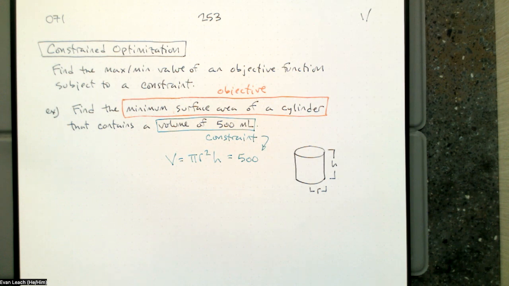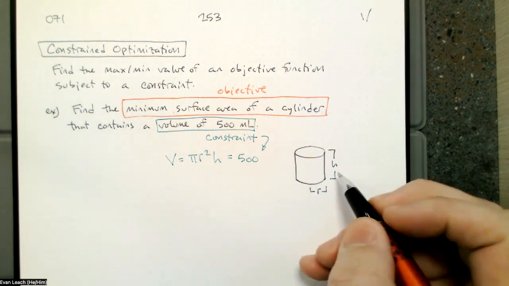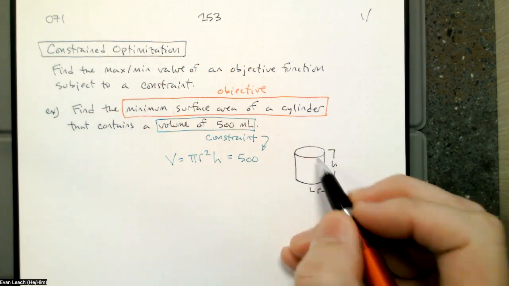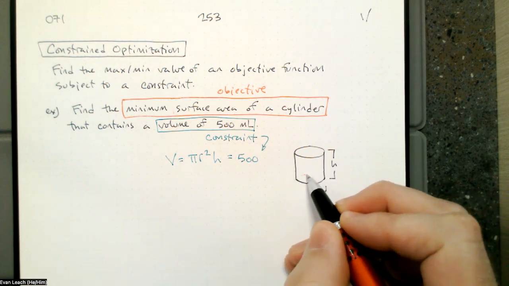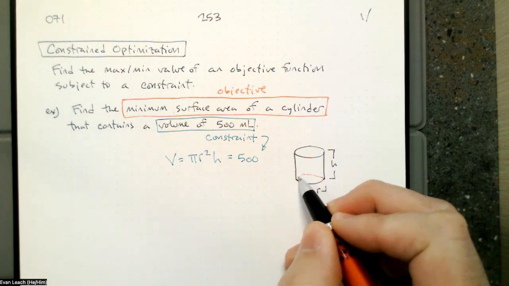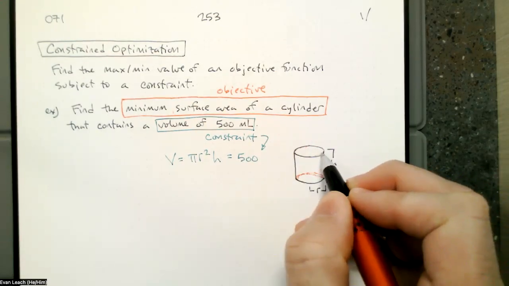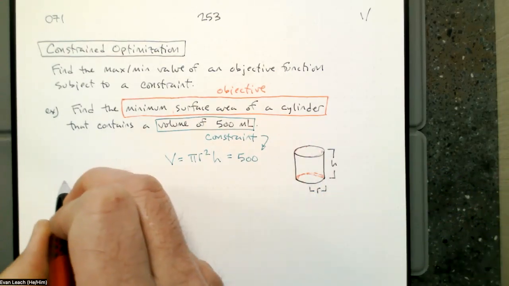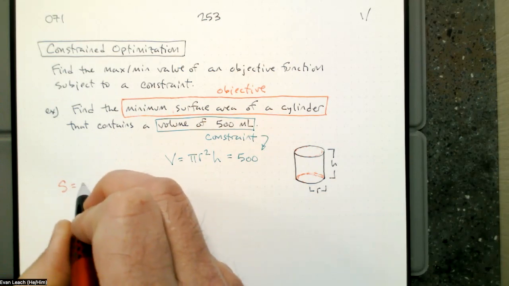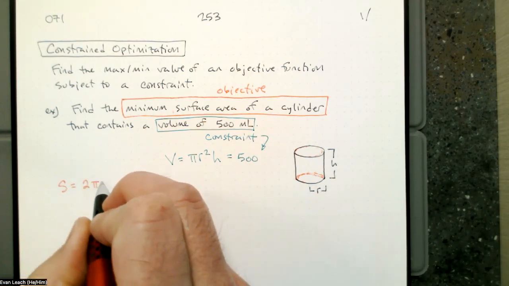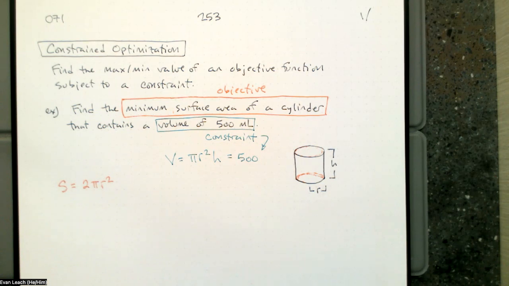We also need our objective function. So a cylinder is made up of two circles. So I'm going to find the surface area of these two circles down here and up here. So the surface area is two circles, 2 pi r squared, and then the side of the cylinder. The side of the cylinder is just a rectangle.